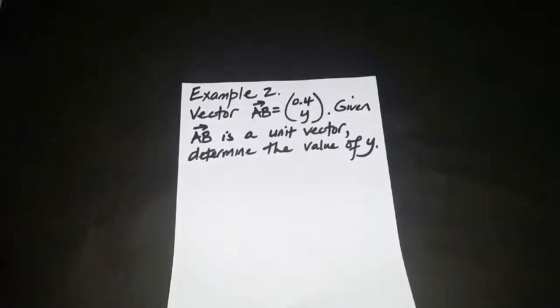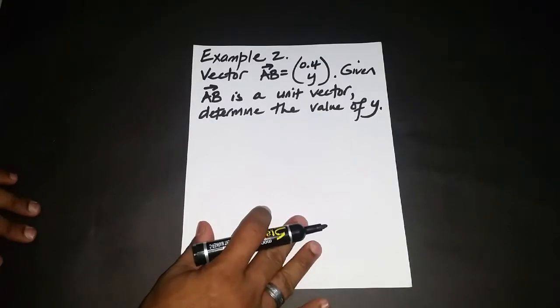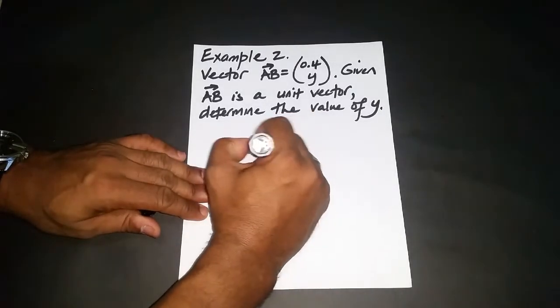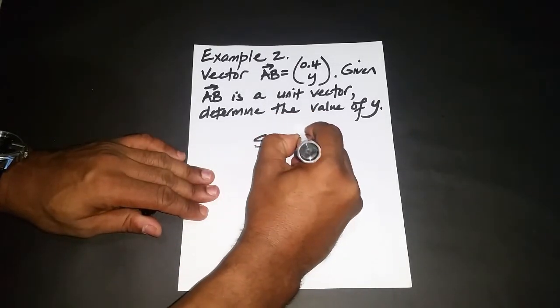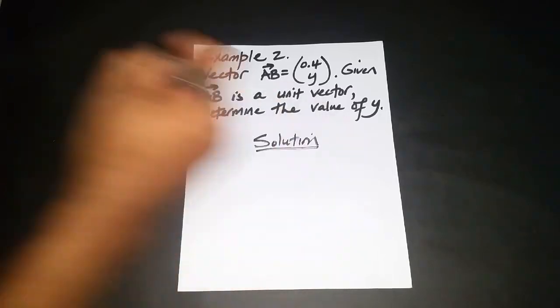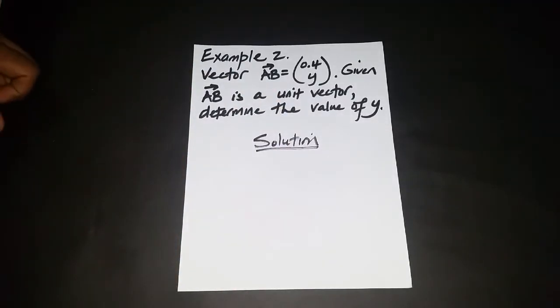And here is example number 2. So, solution to this problem. Very, very simple. It says vector AB equals (0.4, y). Given vector AB is a unit vector, determine the value of y. And of course, unit vectors have a magnitude of 1.